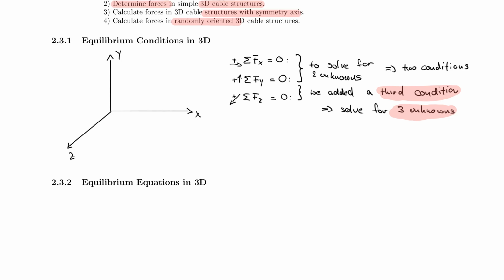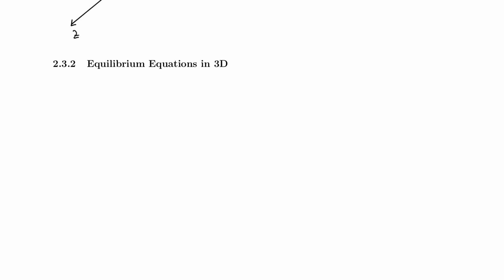Of course, at the end of this lecture, we will be ready to solve all three equations with three unknowns at a time. But again, my goal here is to show you that 3D equilibrium problems are not as scary as you might think they are. So let's move on and let's go to the equilibrium equations in 3D.